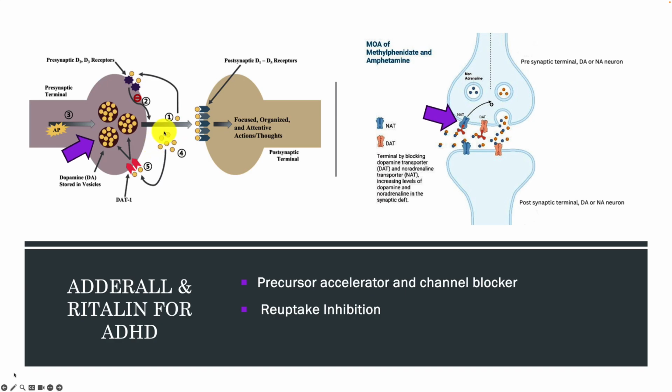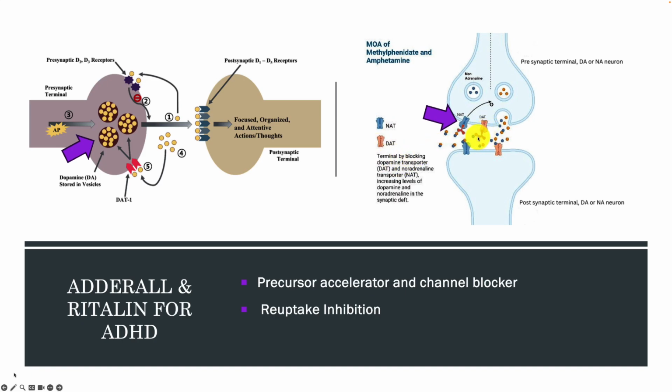So one of the other medications that is used to help dopamine basically increase its message is something called Ritalin, right? And what is Ritalin? Well, Ritalin is a reuptake inhibitor. So if we look at this neuron here, pre and post, we can see that dopamine is being secreted across this cleft here to the postsynaptic terminal. And what Ritalin is going to do is block the reuptake receptors.